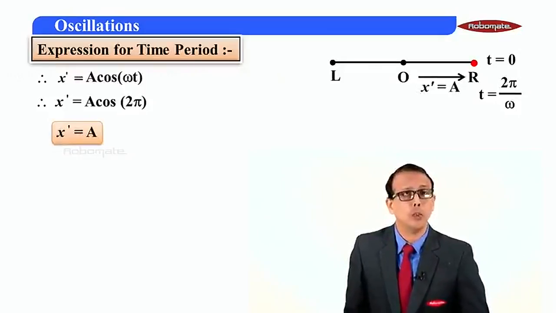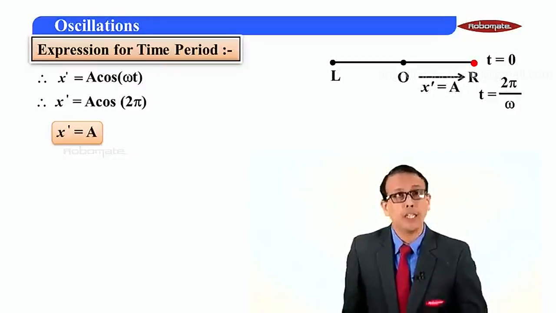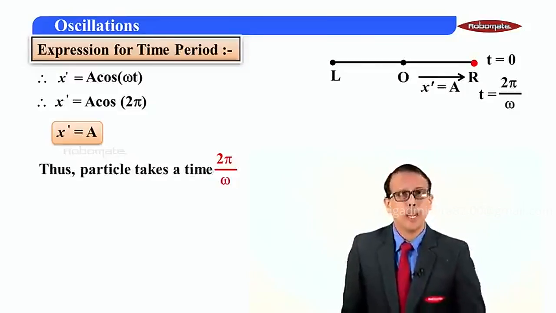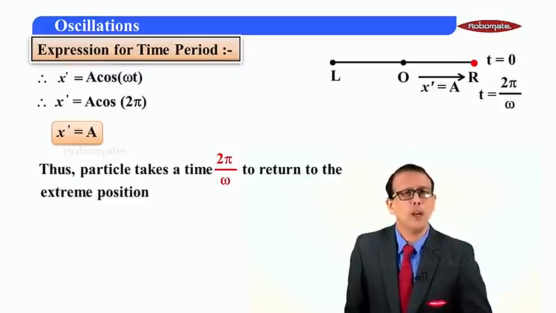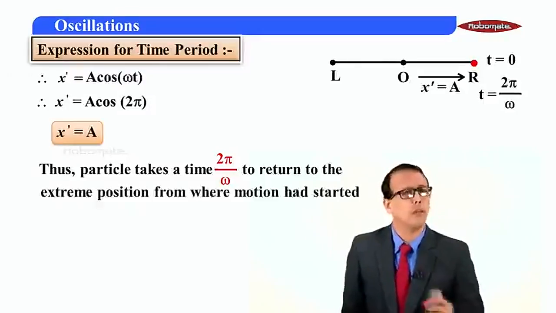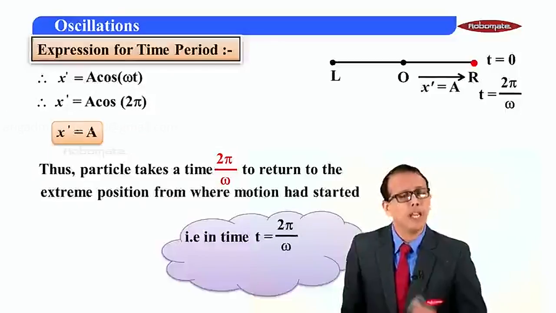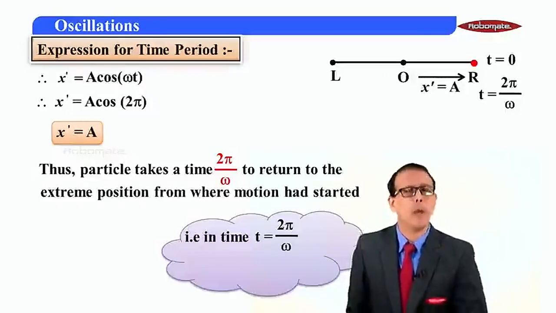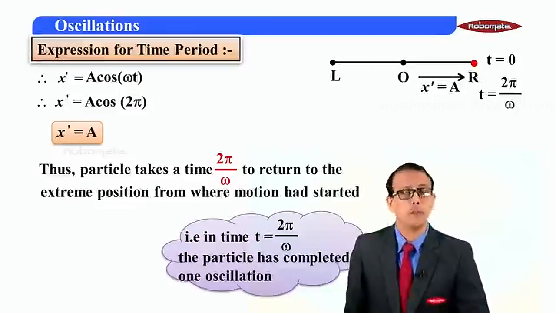Very important conclusion students. At t is equal to 0, x was a, and at t is 2 pi by omega, x dash is also a. That means the particle takes a time 2 pi by omega to return to the extreme position from where it has started. So can I say in time t is equal to 2 pi by omega, the particle has completed one oscillation.